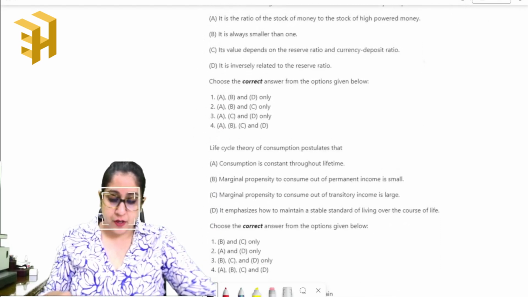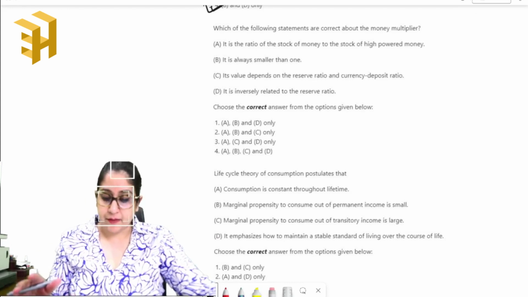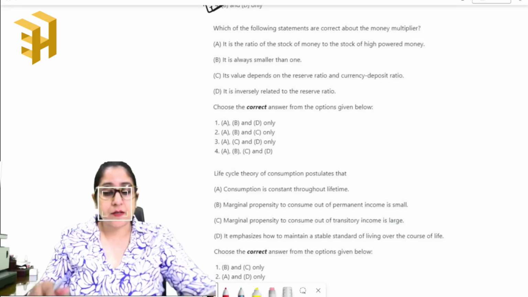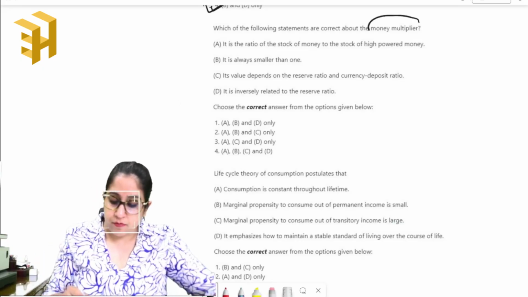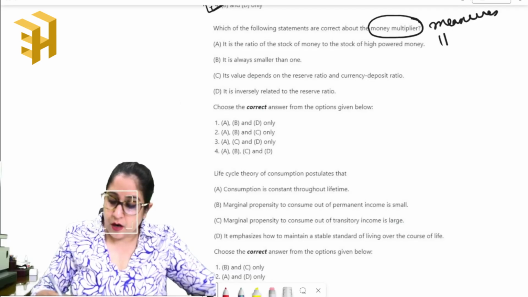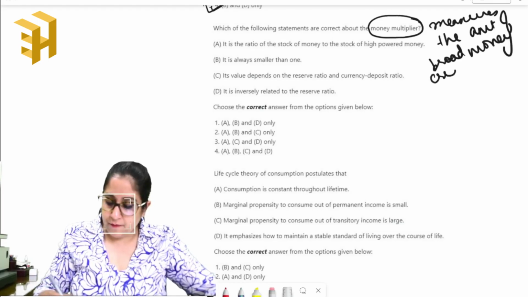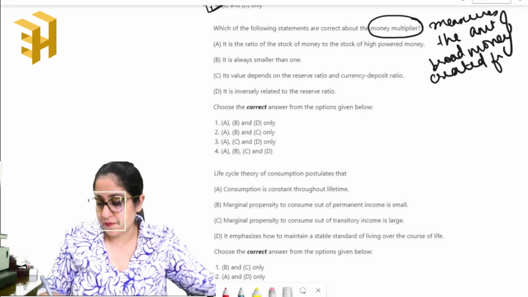Next question. Which of the following statements are correct about the money multiplier? Now, what is the money multiplier? You can just note it down. This money multiplier basically measures the amount of broad money, that is M3, created from initial reserves.